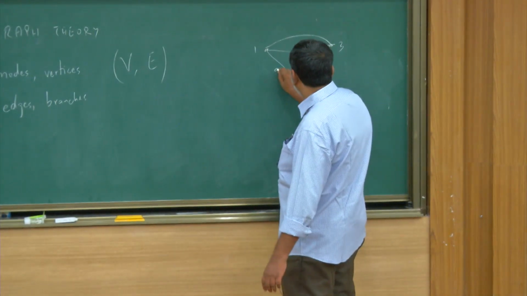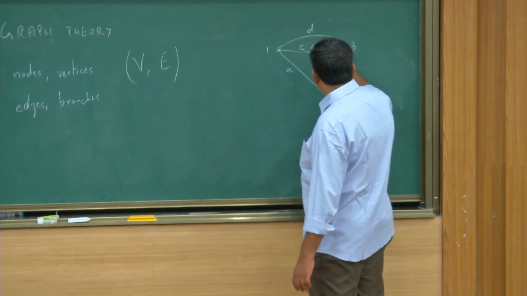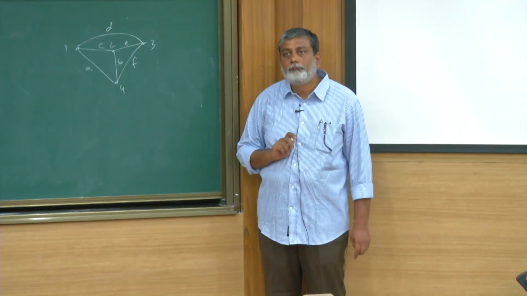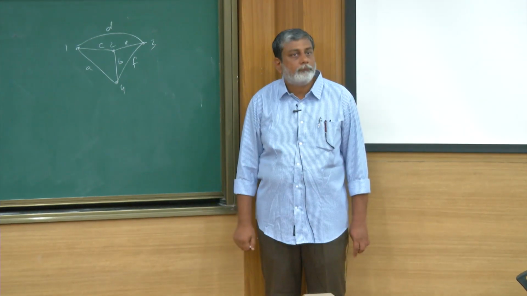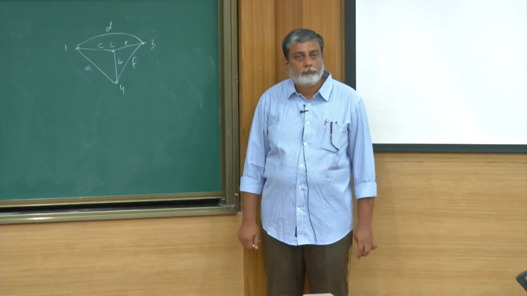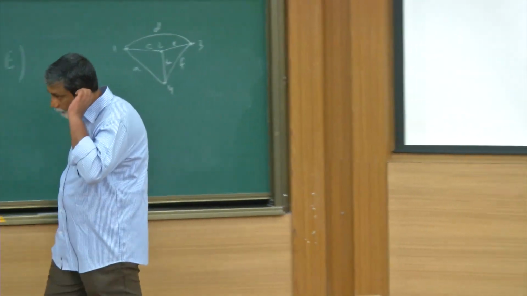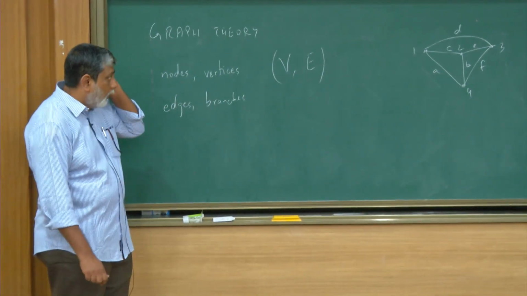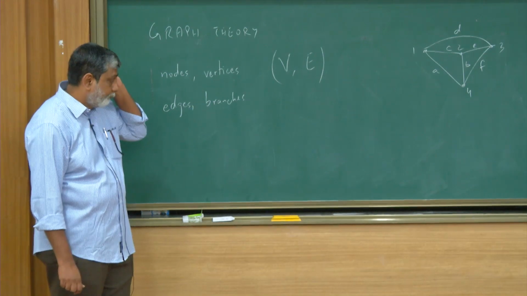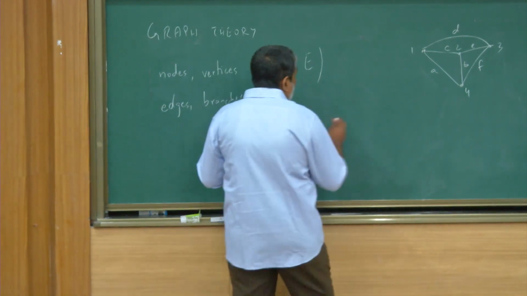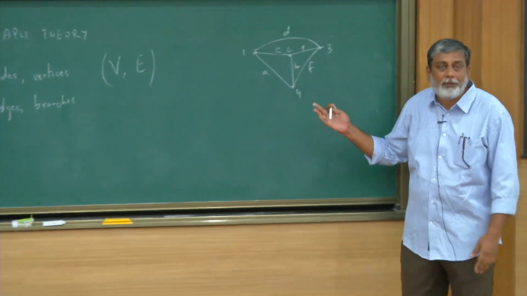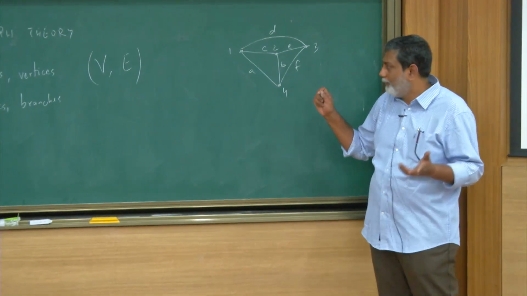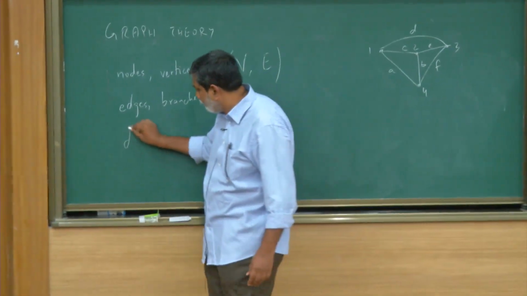Let me name them A, B, C, D, E, F. Is this fine so far? This, of course, is a general graph. If for these branches you put some arrows, then it would be called a directed graph.